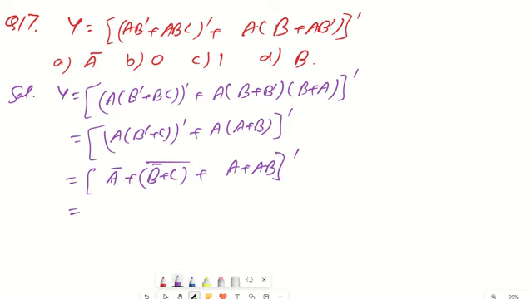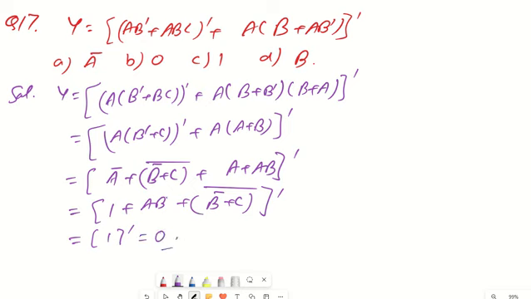Now as you can see quickly, a + a' is nothing but 1. So I am going to get 1 plus some terms. You know already that 1 plus anything is nothing but 1, and bar of that is going to be 0. So this is how you get the expression for y as 0. So option B will be correct.